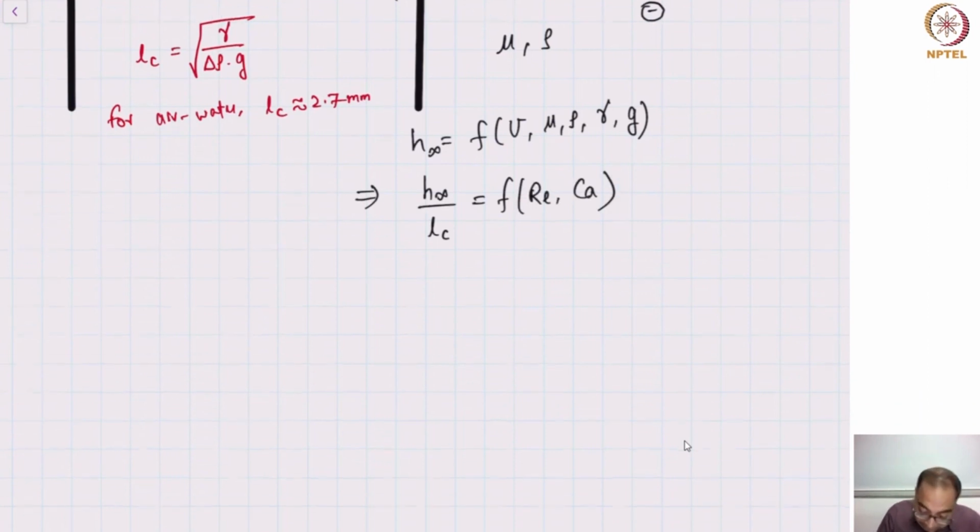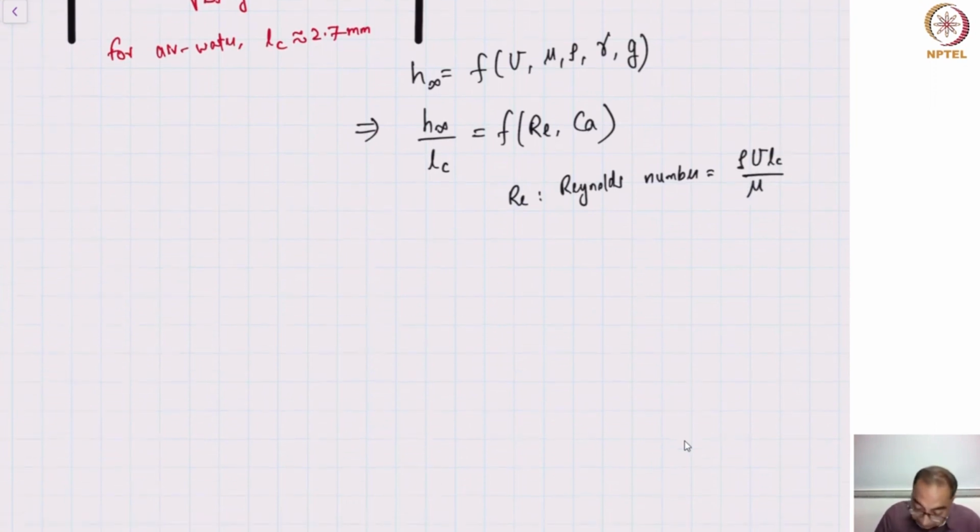So here the Reynolds number is rho U L_C by mu. This is inertia to viscous forces. And then we have the capillary number, mu U by gamma.